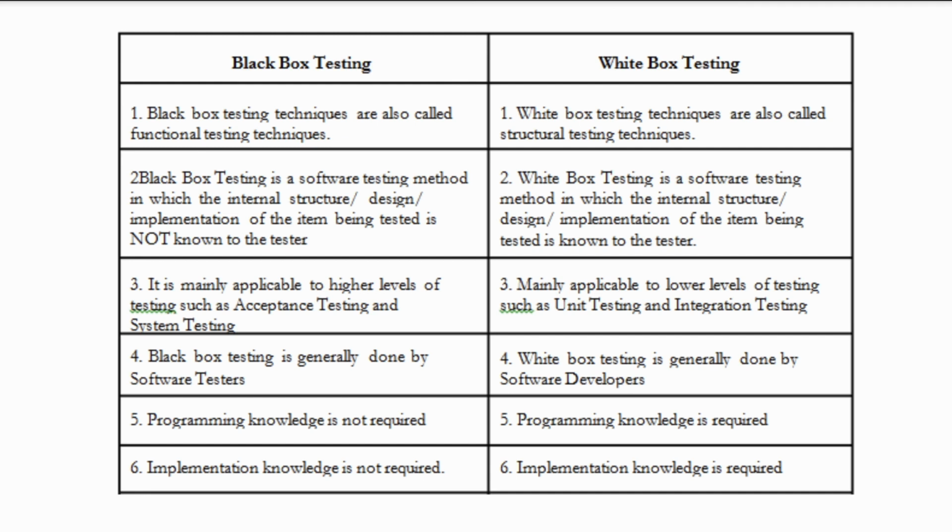So they're just using the software without seeing the code under the hood. This is also called functional testing, more commonly in the software development world. So basically, you're just using the software and making sure that it works in the way that it should. You are not looking at the code underneath, which is why it's called black box testing. It's just not transparent in terms of seeing the underlying code.